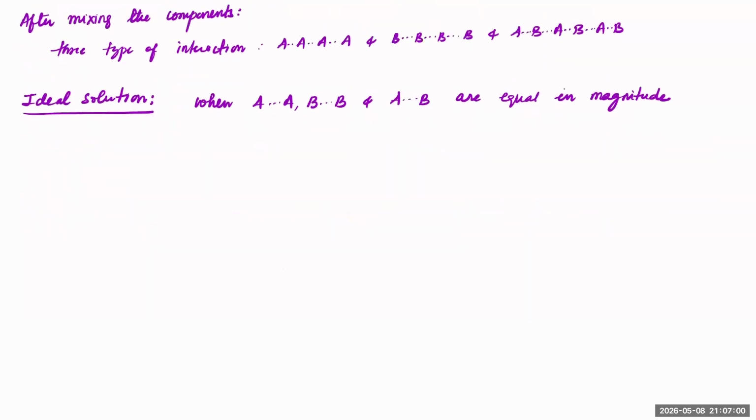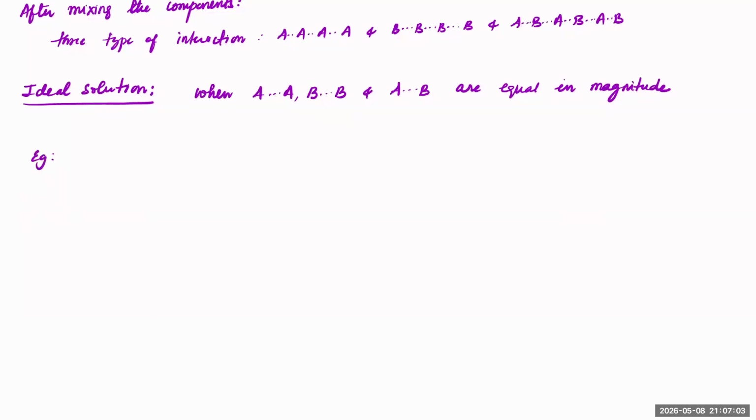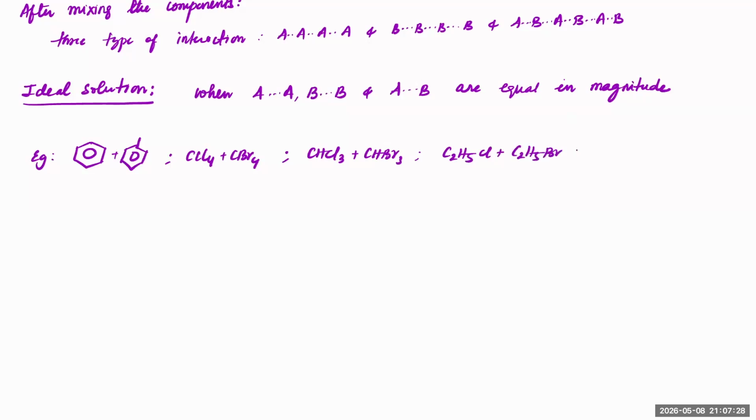Correct? Usually, where do you see this more often? See, when the molecular structure is very similar, like this. Benzene and toluene are very close. CCl4, CBr4 liquid, CHCl3, CHBr3 liquid, C2H5Cl, C2H5Br will have very similar interactions.